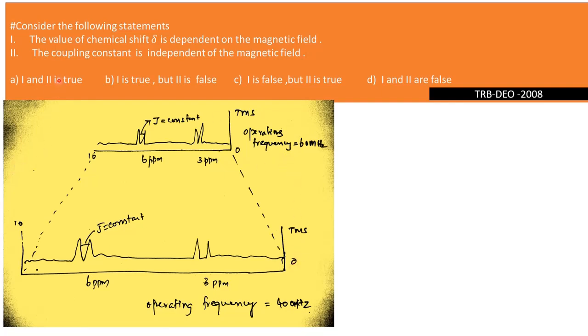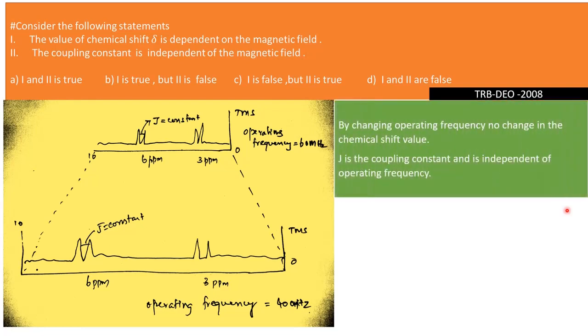So statement 1, the value of chemical shift delta is dependent on the magnetic field, is false. The statement that the coupling constant is independent of the magnetic field is correct. So chemical shift and coupling constant do not change by changing the operating frequency.